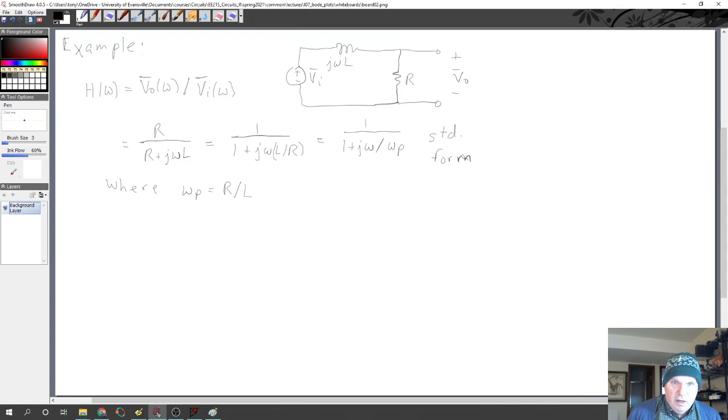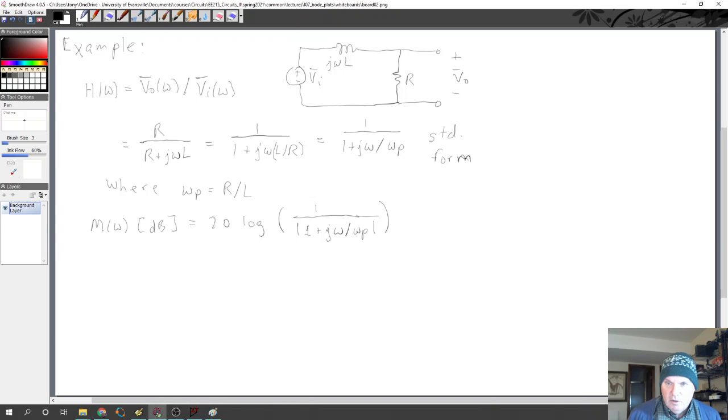But continuing this now, the magnitude response in dB would be 20 log of the magnitude of this, but the magnitude of a ratio is just the ratio of the magnitudes. The magnitude or absolute value of 1 is 1, and in the denominator I'll have the magnitude of this function of omega.